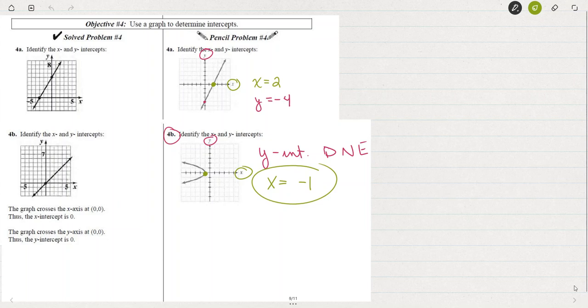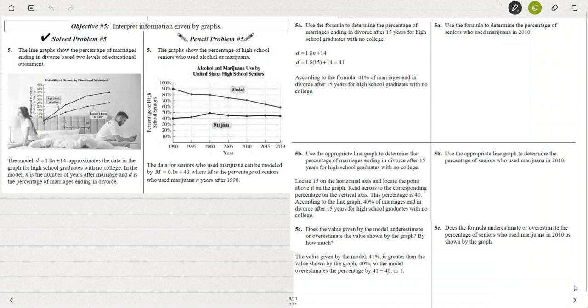Number 5, our last problem, 3 parts. We've got a graph given, and we're going to use that graph to answer 3 questions. So let's make sure we understand the graph. The graph shows a percentage of high school seniors who used alcohol or marijuana in the United States.